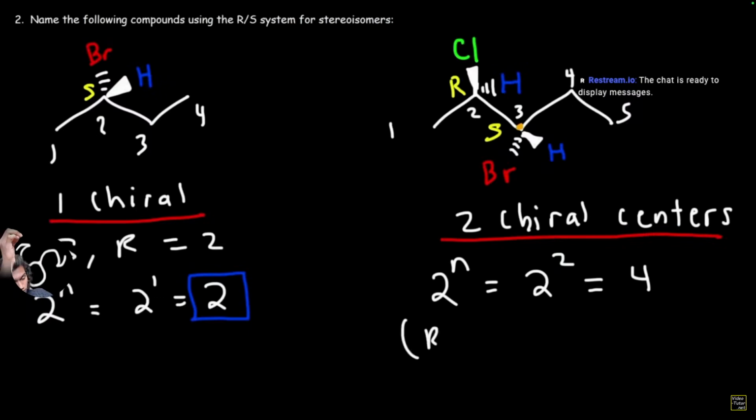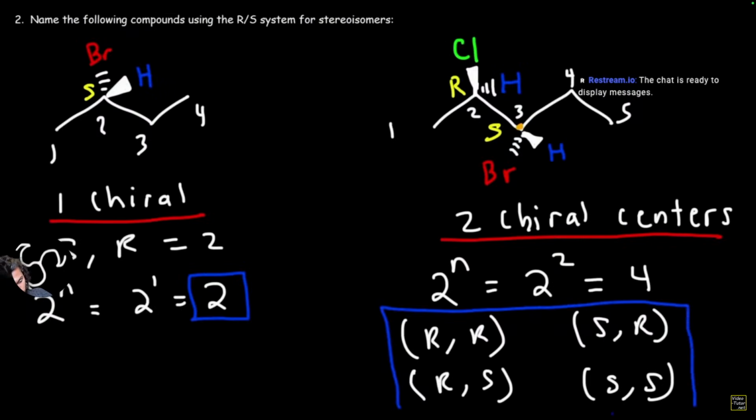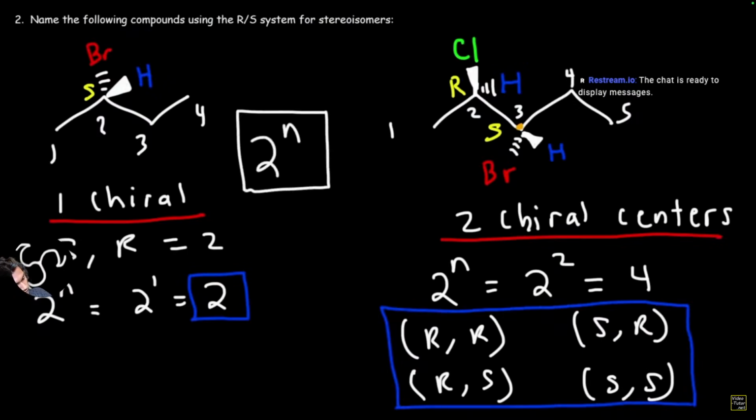The first possibility is if both chiral centers are R. The second one is if the first one's R and the second one is S, or if the first one's S, the second one's R, or if they're both S. So those are the 4 stereoisomers that are possible if you have 2 chiral centers. So the number of stereoisomers is going to be 2 to the n chiral centers.